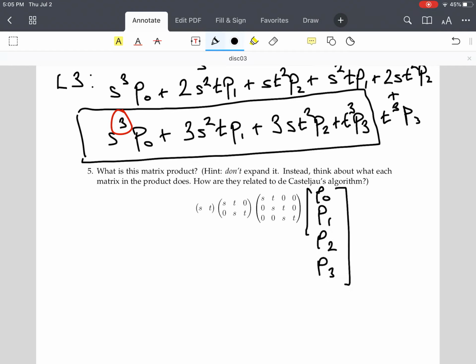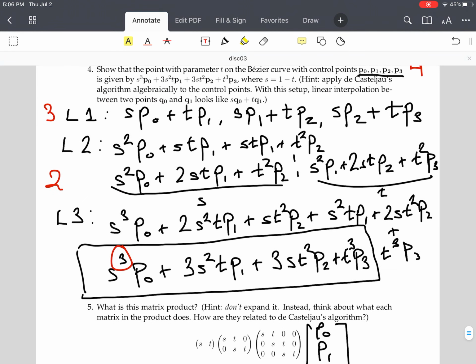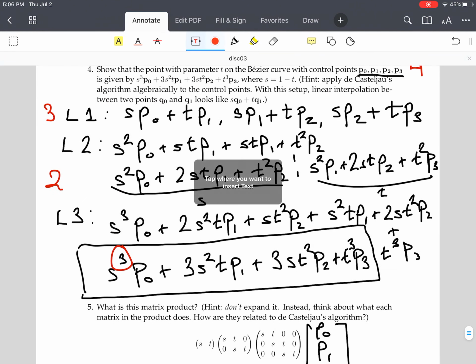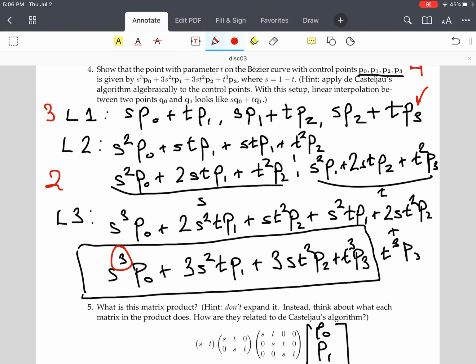So this vector is massive, but now if you think about this, right, let's look at this very first matrix vector multiplication, right? It's going to be s times P0 plus t times P1, and s times P1 plus t times P2, and s times P2 plus t times P3. But let's come back up here. That's exactly what we did here, right?